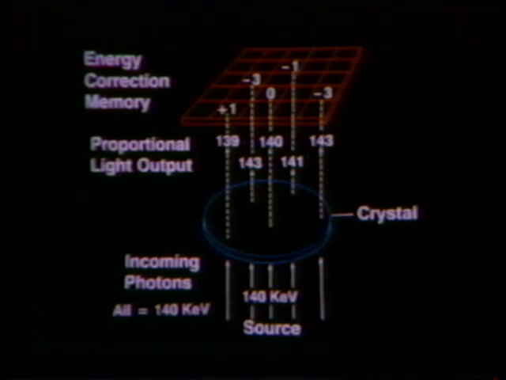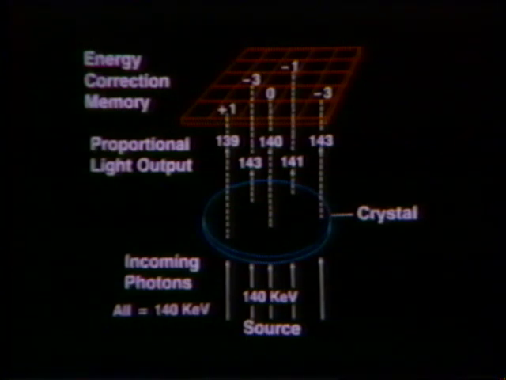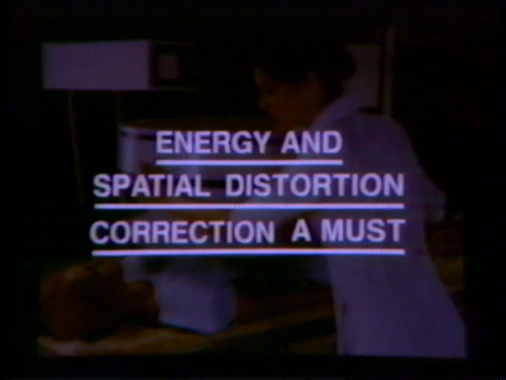Once this energy data is acquired and stored in the camera's special memory, as patient imaging takes place, each Z-pulse that is created as a result of a detected photon is sent to the energy correction circuitry, where it is then corrected. The combination of energy and spatial distortion correction can produce significantly better linearity and uniformity measurements on gamma cameras than can be obtained without this type of correction.